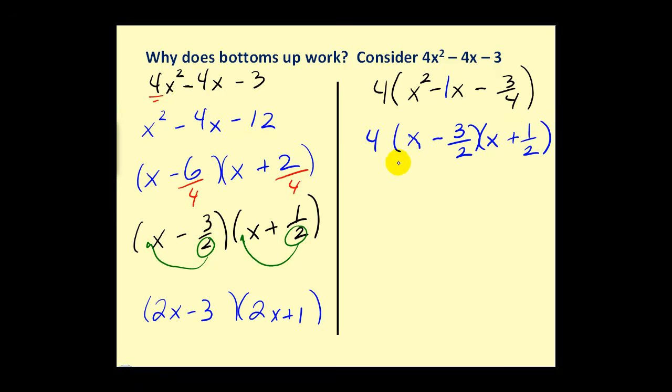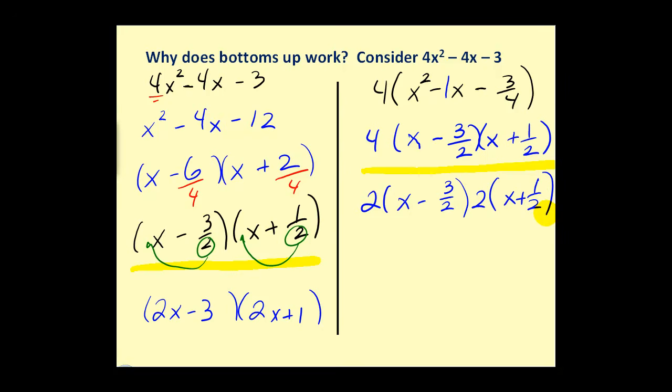And what I want you to notice, this step right here and this step right here are the same, except this has an extra factor of 4 and this one doesn't. But really what we're doing here is multiplying each of these binomials by 2. To see that, what I could do is rewrite this as 2 times x minus 3/2 times 2 times x plus 1/2.